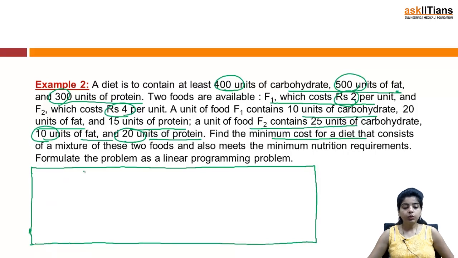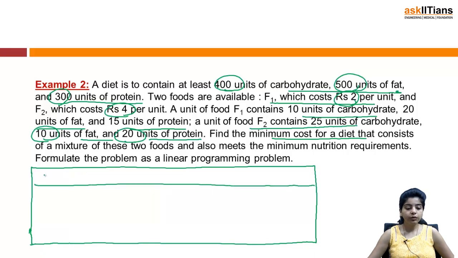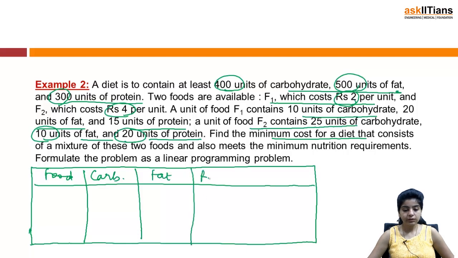Okay, so the table would consist of obviously food, right? So we have food, and then we'll have here carbohydrate, then we have fat, then we have proteins, and finally here we'll be putting the cost per unit, right?